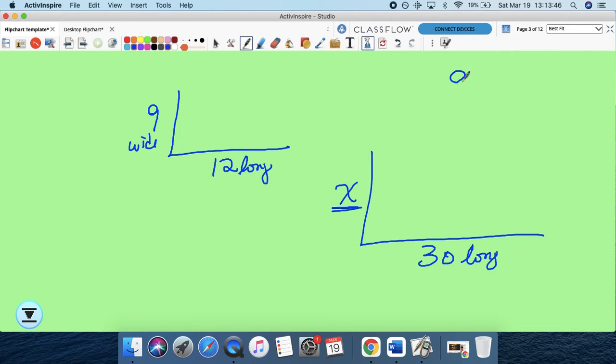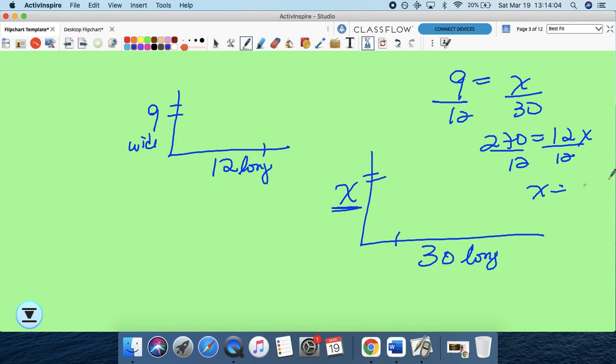Set a proportion: 9 corresponds to x, that's 12, and 12 corresponds to 30. Cross multiply, 9 times 30 is 270, which equals 12x. Divide both sides by 12, and x equals 22.5.